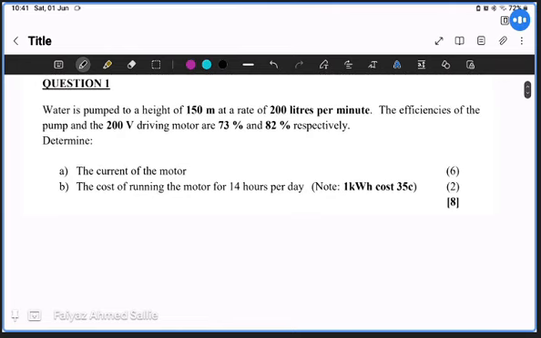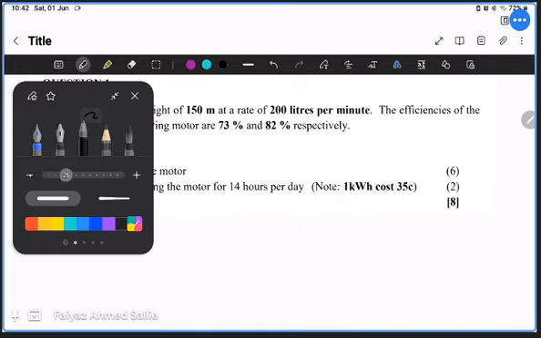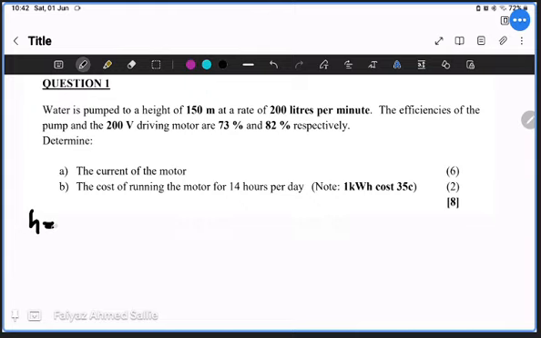So let's write down all the values that we have. We have a height of 150 meters, and we have a flow rate of 200 liters per minute, right?